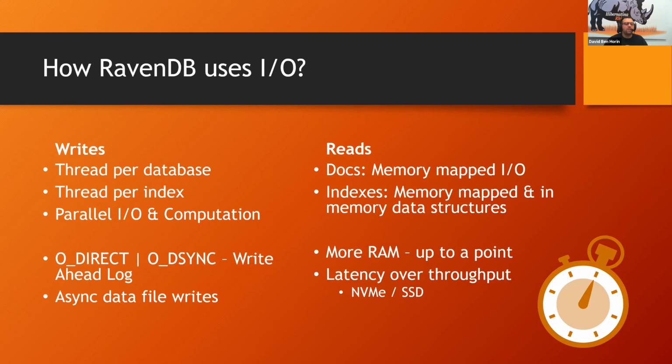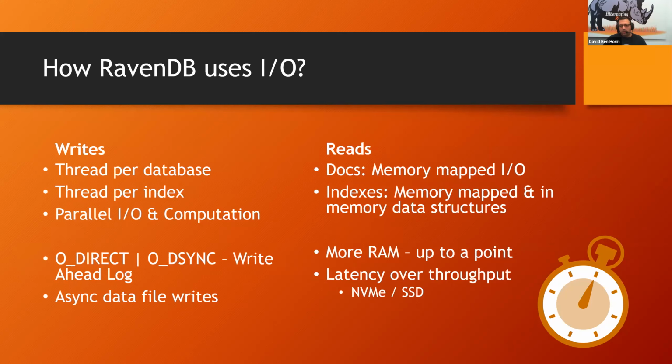And those threads are going to be issuing I/O operations. It's important to understand that the process in which we're writing to the disk is somewhat involved. I will get to that in a bit, but it's important to understand what is actually generating parallel I/O.